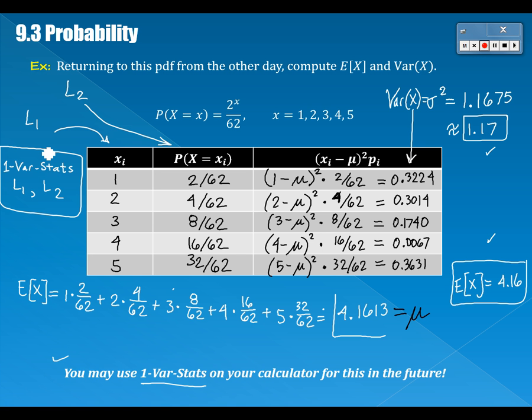Here, I'll do it too. So you put these values in L1, these values in L2, and then go to stat, and then go over to the calc menu, 1 var stats, L1, comma, L2.